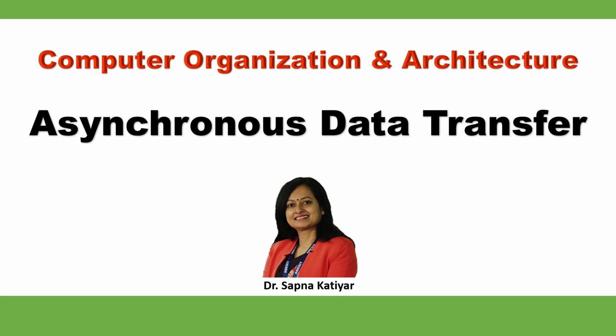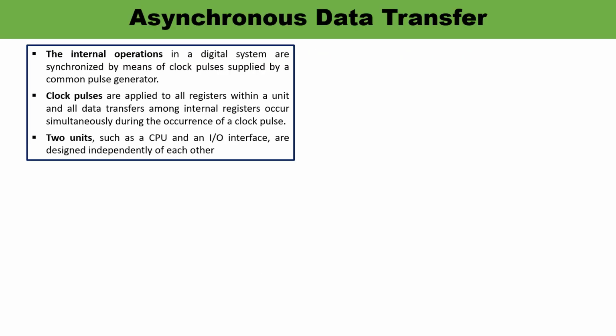Let us begin. To start with, first you have to understand what is asynchronous data transfer. With the term data transfer, you must be aware of what data transfer is. So when you're talking about a digital system, in any digital system, the internal operation is synchronized with the help of the clock pulse.